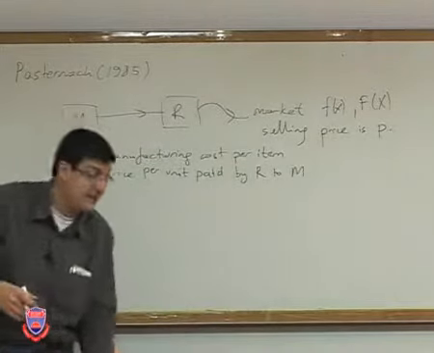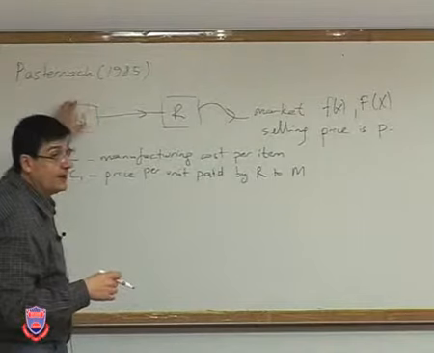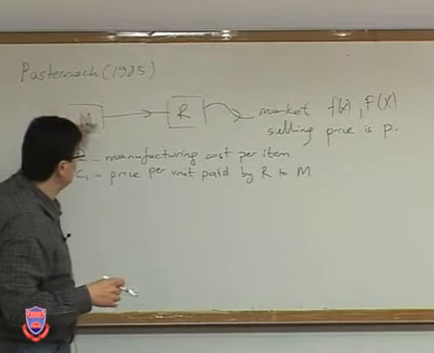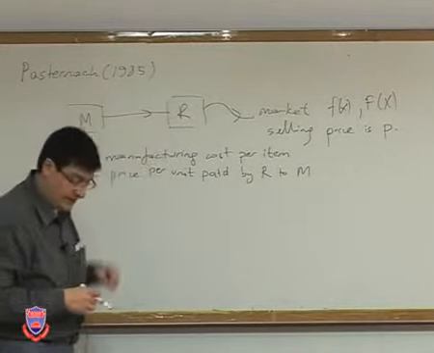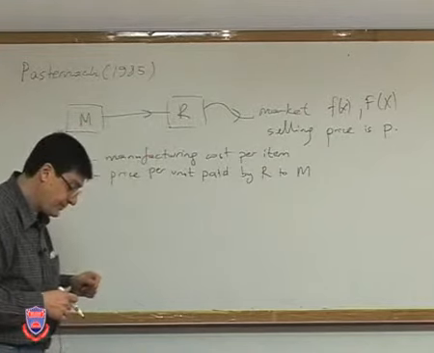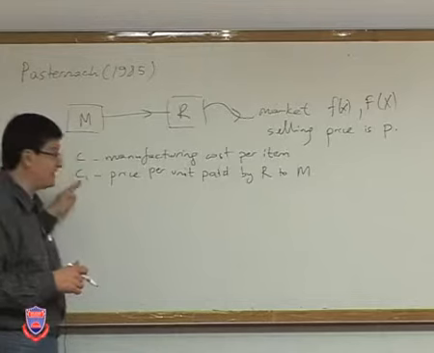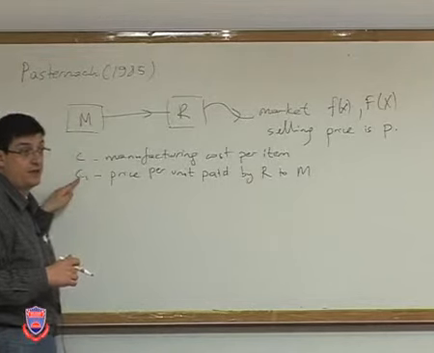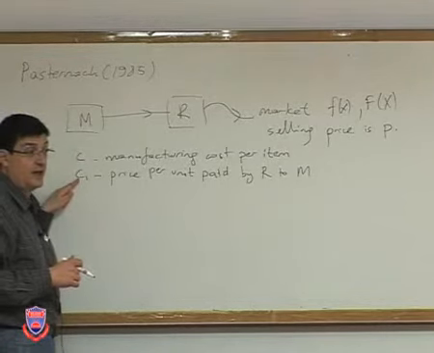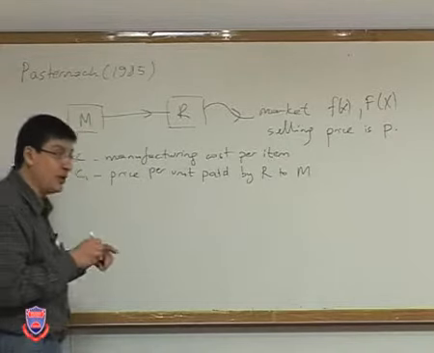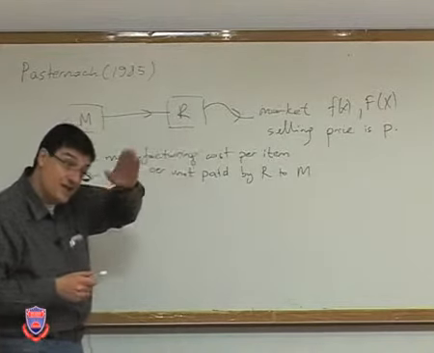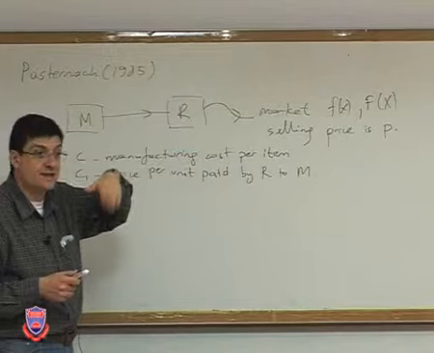So we have a selling price of the item from the manufacturer to the retailer. Now, of course, this is going to be one of the decision variables, because depending on the price, the retailer is going to change the quantity that it buys.